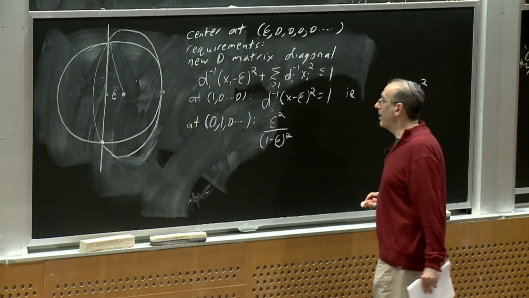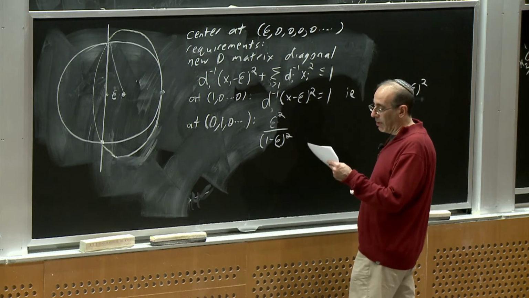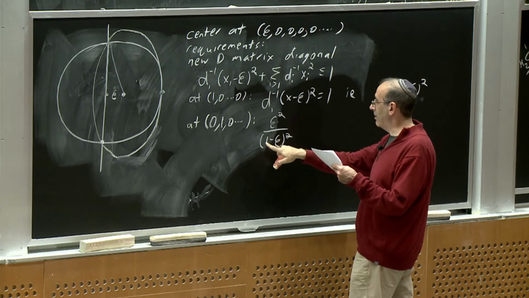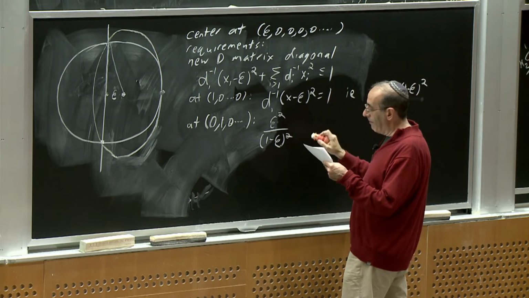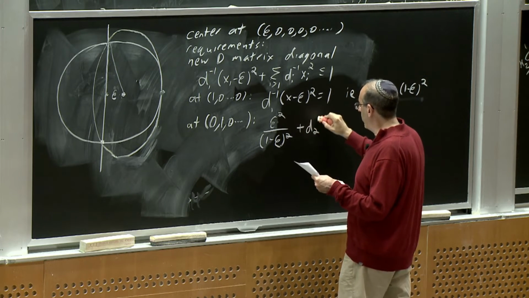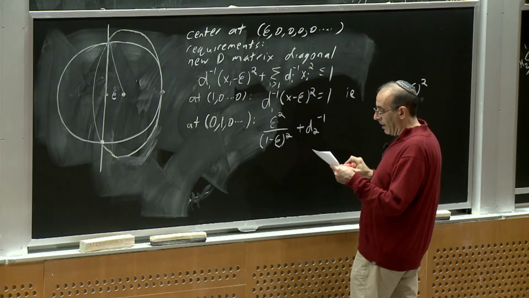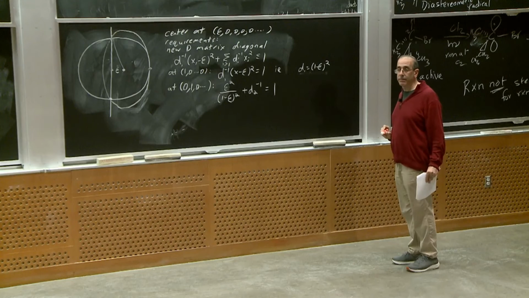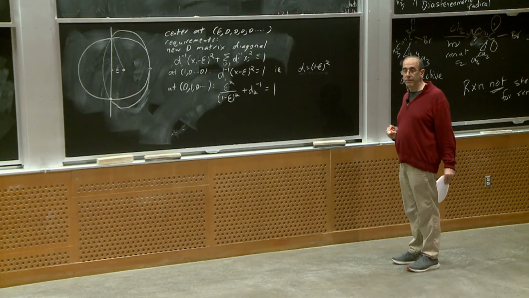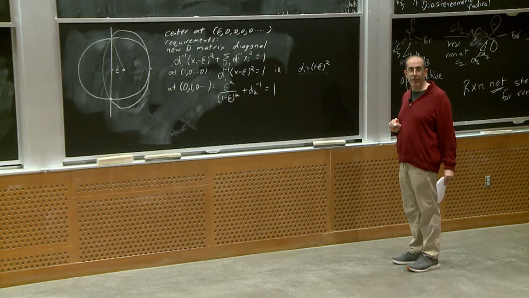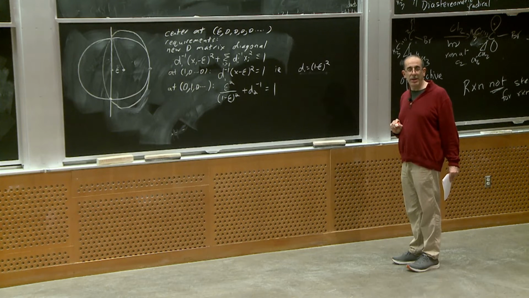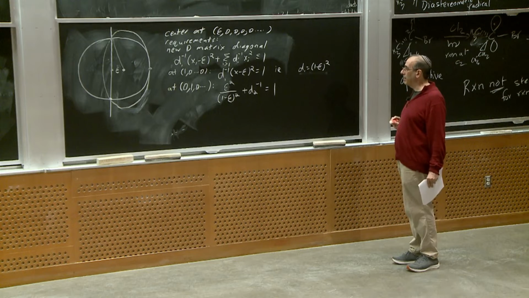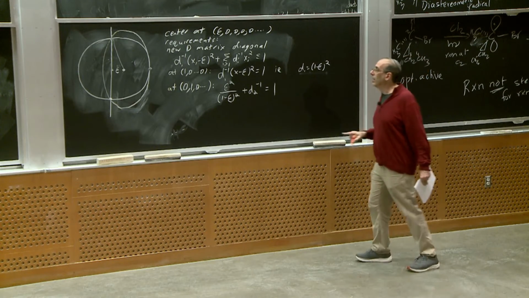So by Pythagoras, we've got epsilon squared over 1 minus epsilon squared. That's from d1, plus d2 inverse has to be equal to 1. Everybody buys this as the proper scale distance constraint for this point?